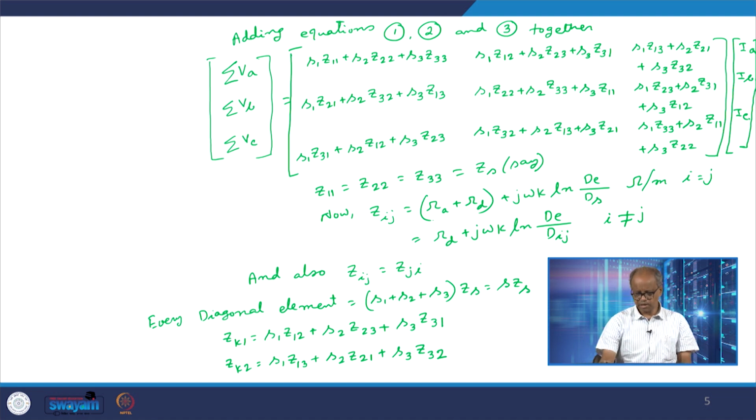You see that if I say this is Zk1, then this is also Zk1, because Z12 is equal to Z21, Z23 is equal to Z32 and Z31 is equal to Z13.